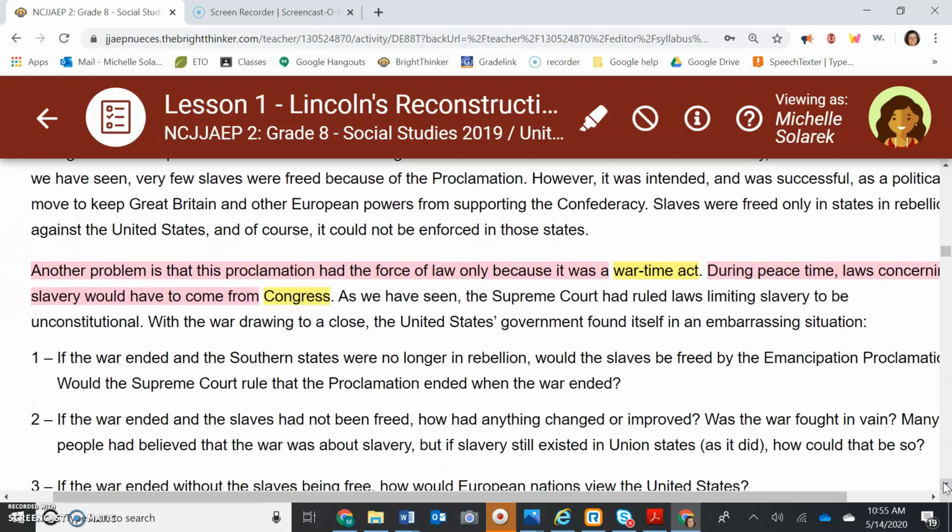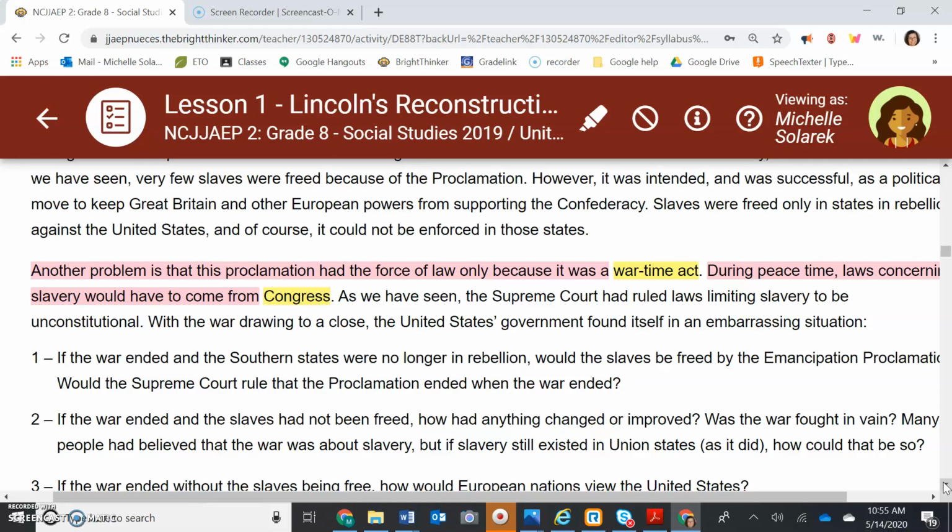Okay, so a wartime act is not going to hold up after the war's done. As a matter of fact, after the war's done, it's Congress. So let's take a look at our next two questions, 13 and 14. Number 13, what type of act was the Emancipation Proclamation?